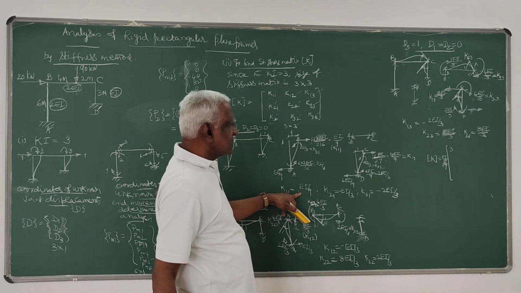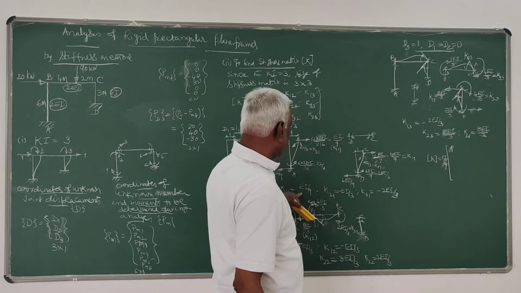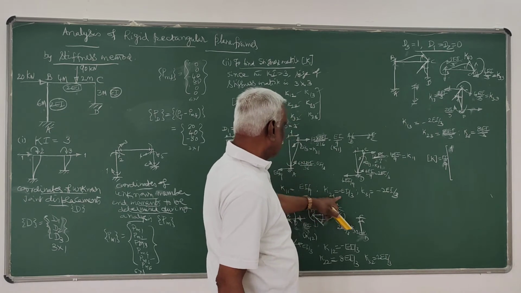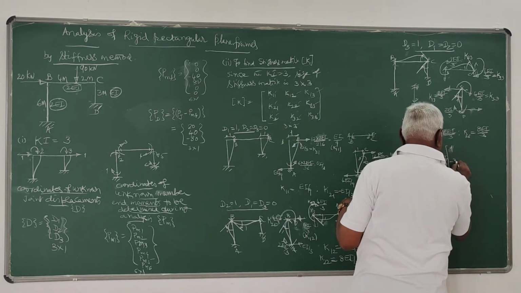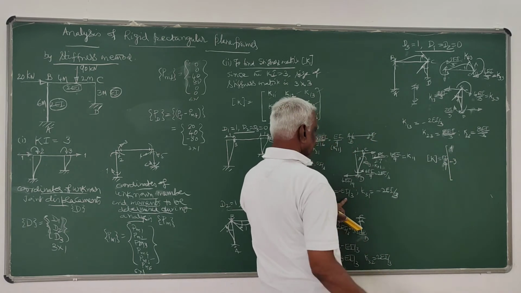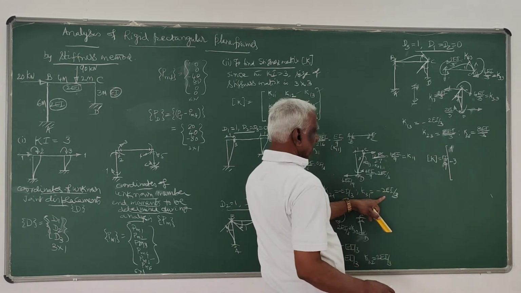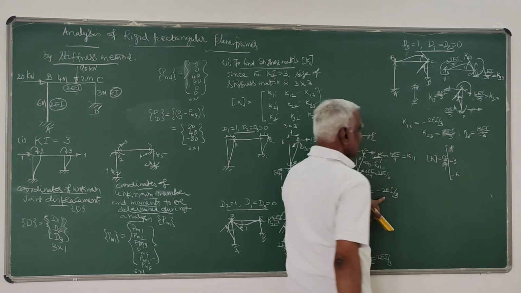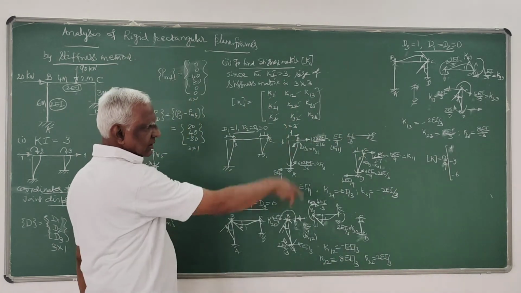Then K21 is minus EI by 3; EI by 9 taken outside, so this has to be minus 3, since minus 3 into EI by 9 is minus EI by 3. And K31 is minus 2EI by 3; EI by 9 taken outside, so this is minus 6, since minus 6 into EI by 9 is minus 2EI by 3. So it is the same.